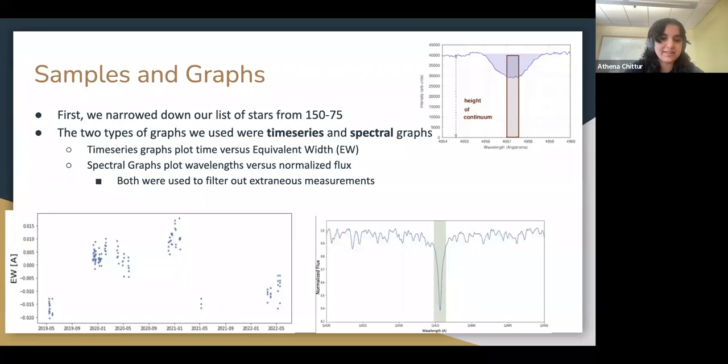For measurements that are taken relatively close in time to each other, there's this vertical displacement, and we can say that that's approximately equal to our precision when we're looking at the equivalent widths. Of course, the equivalent width is approximately equal to the area of the spectral line.